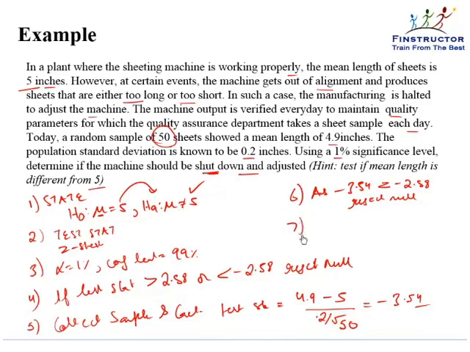So step 7 would be to shut down the machine. So in this example, the mean length came out to be 4.9 and we rejected the null and we shut down the machine.